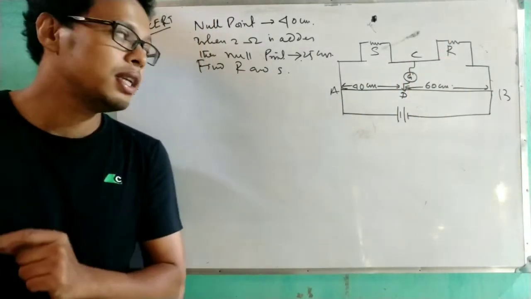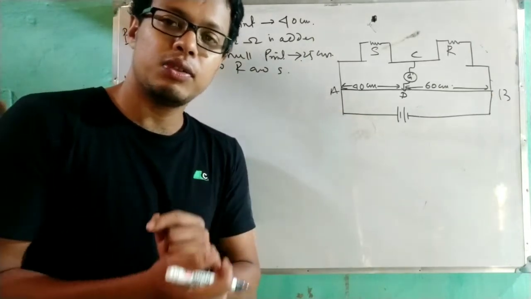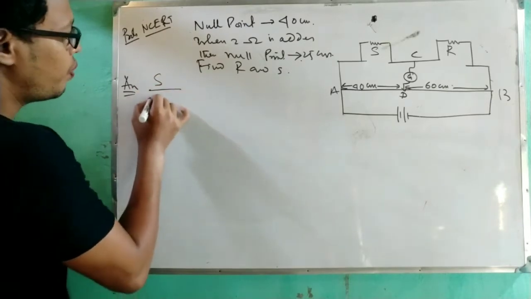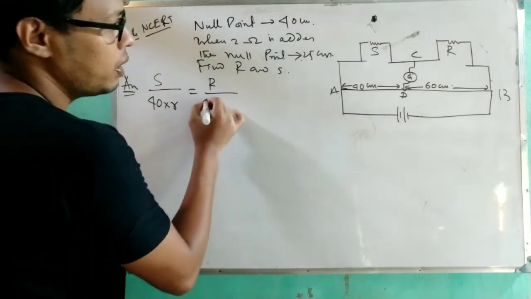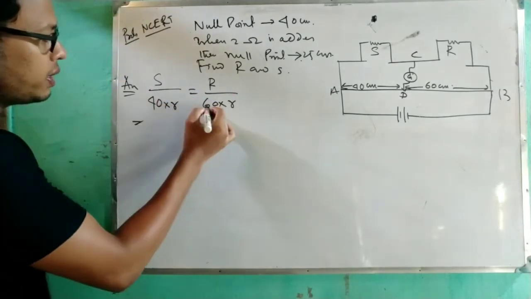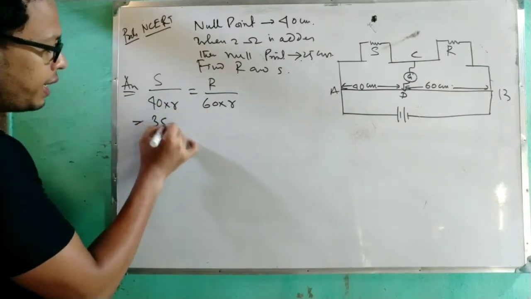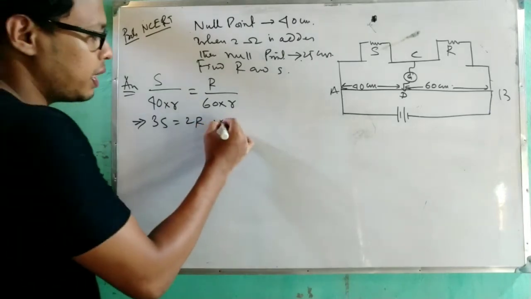For 1 centimeter length, resistance is R. For 40 centimeter length, resistance will be 40 into R. So P by Q means here S by 40 into R equals to R divided by 60 into R. R will cancel, 0, 0 cancel. So we can write from here 2, 2, 2, 3. So 3S equals twice R. Okay, this is the first case.